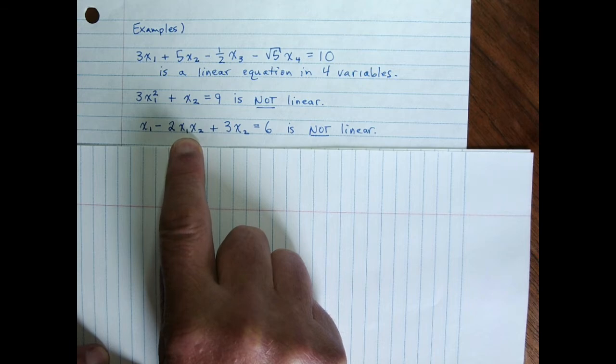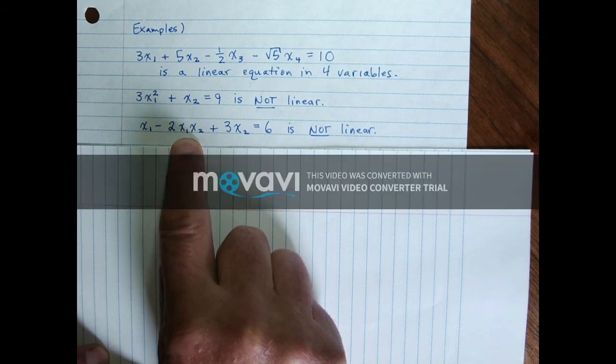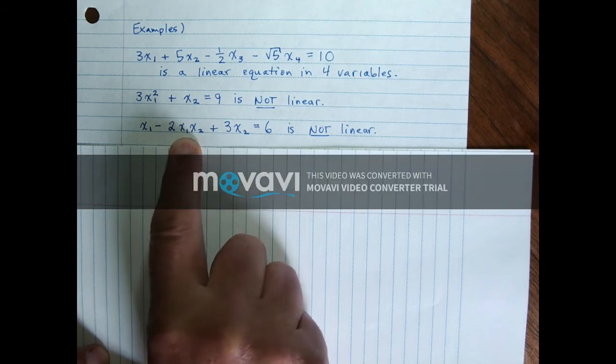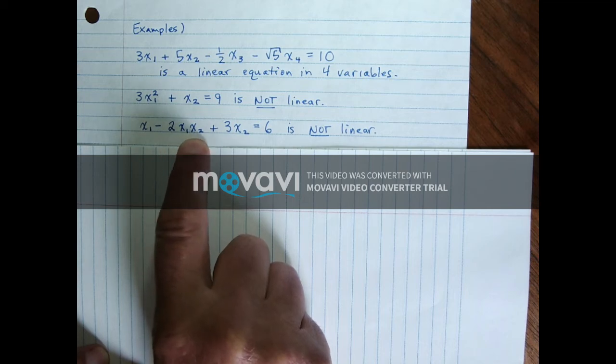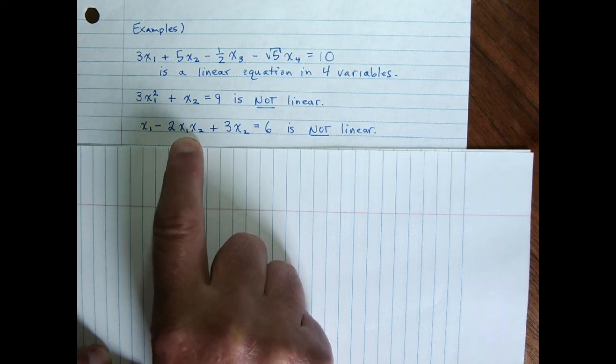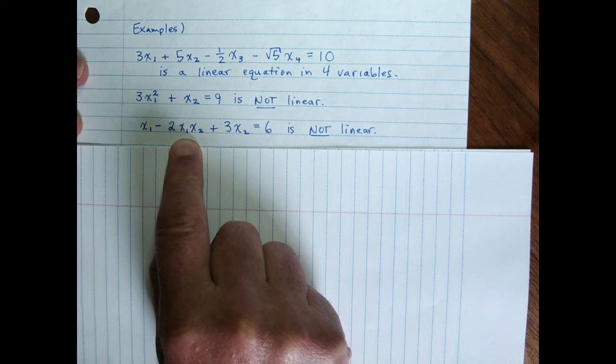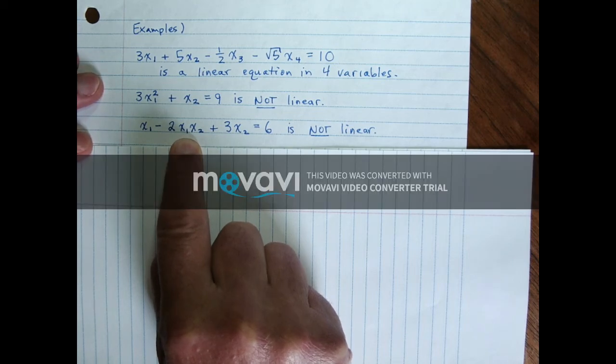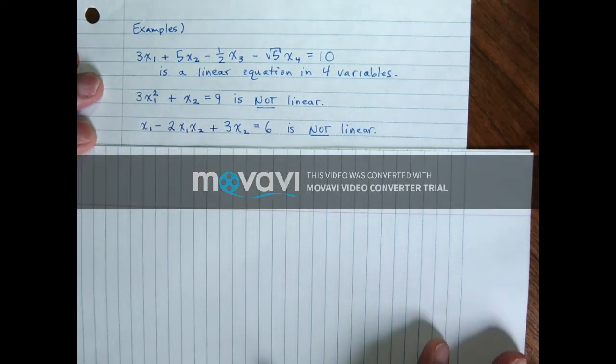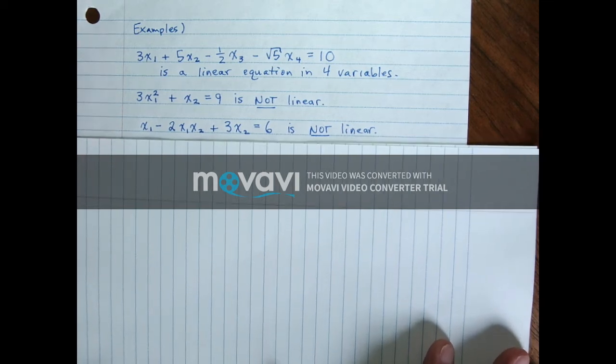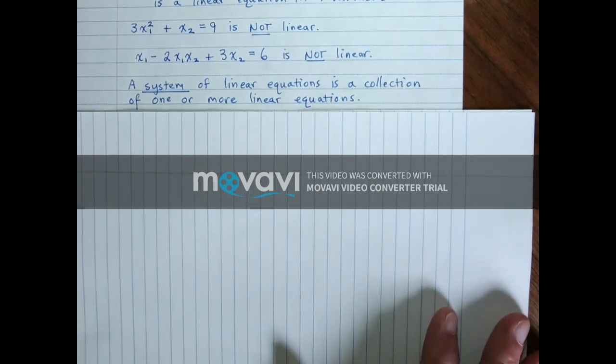In a linear equation, you are not allowed to multiply different variables together. When you multiply 2 variables together, like that x1x2, we say that's actually a quadratic term, even though there's no square there, because we're taking the product of 2 variables that rises to a second degree situation and is no longer linear. So that's another example of a nonlinear equation.